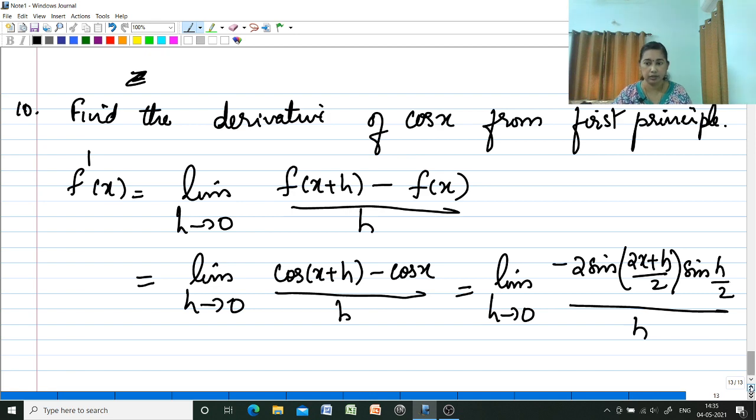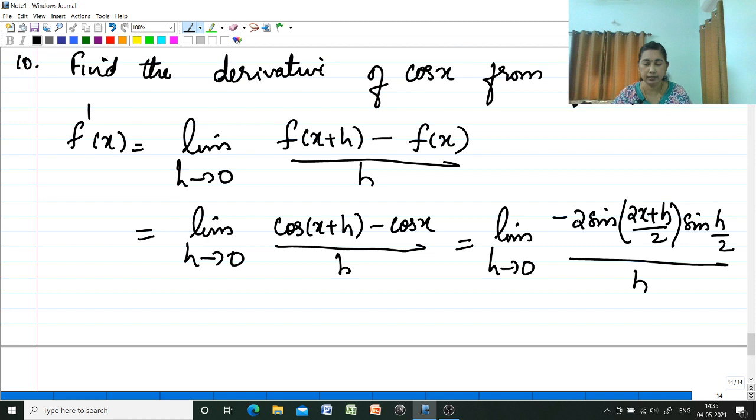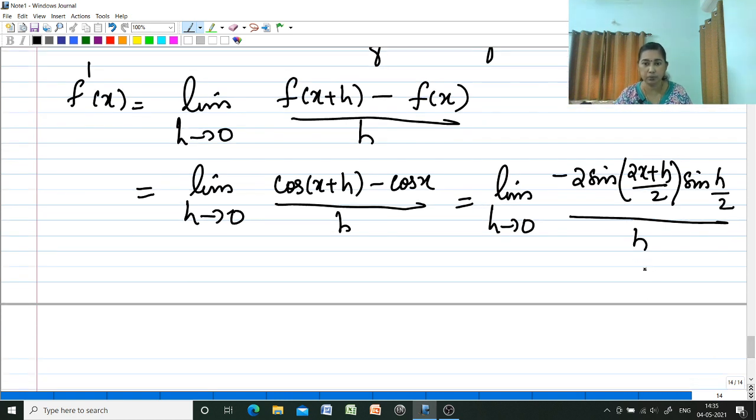So again what you have to do, we have already done that sin x result, derivative of sin x using first principle, there we took this 2 to the denominator and there it became h by 2.